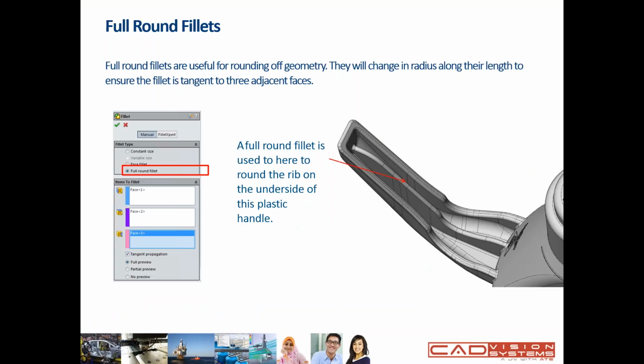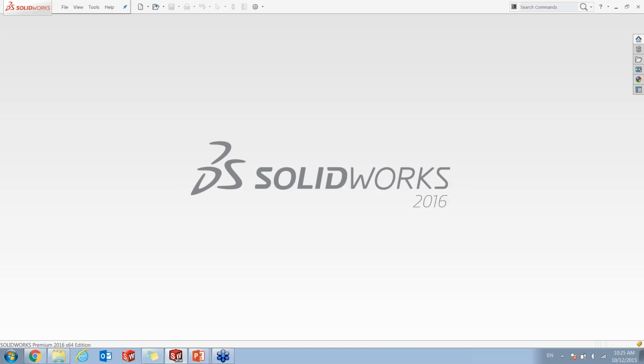Alright, there we go. Full round fillets. Basically, full round fillets are useful when we want to create a rounding of geometry. We don't need to key in the radius value. It is based on the geometry that you selected, and the fillet will automatically apply to the three faces that you select. Let's see how it works.